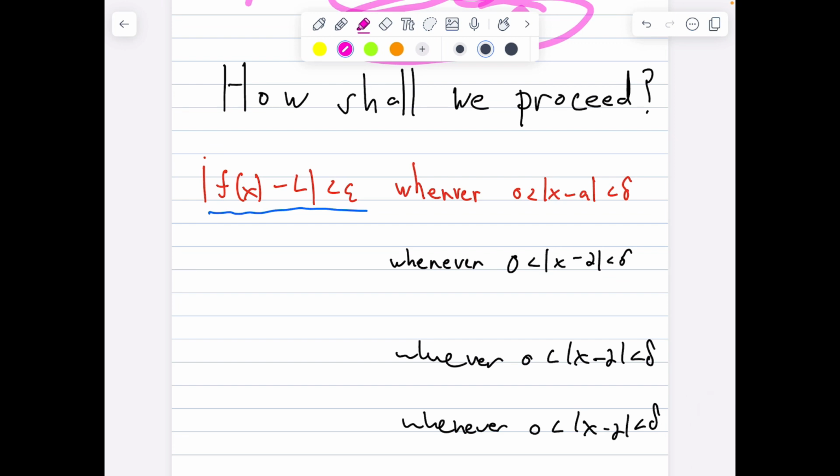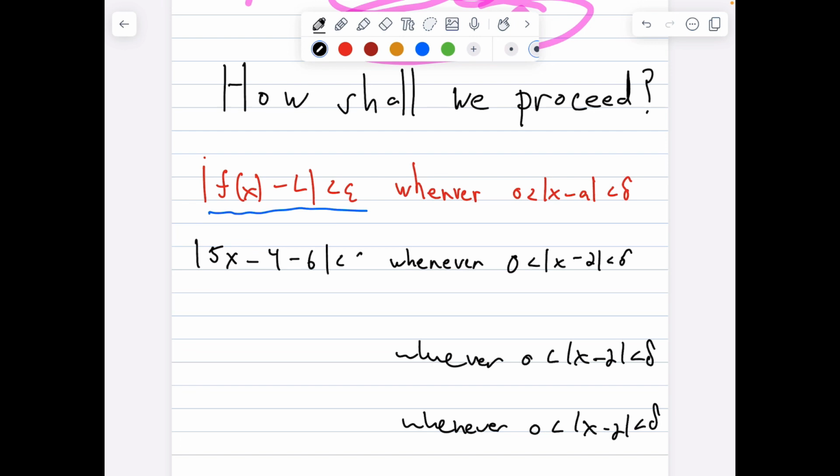In math, sometimes it's easier to reverse engineer something than to go in the forward direction. So what we often do with these epsilon delta problems is we start with the part where you have the absolute value of f of x minus L is less than epsilon. In our case, 5x minus 4 is my function, and 6 is what I'm claiming the limit is equal to.